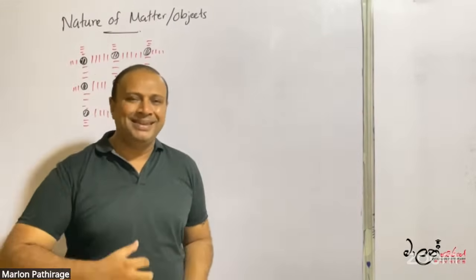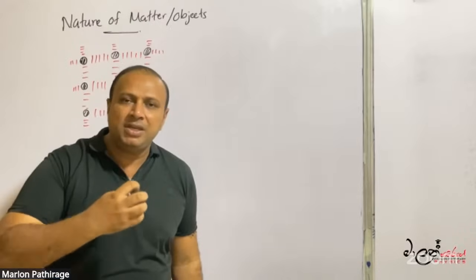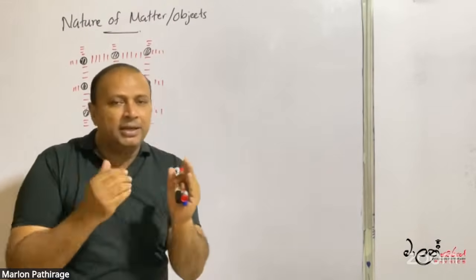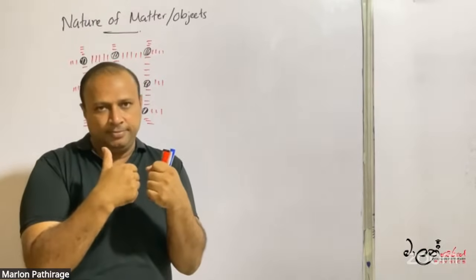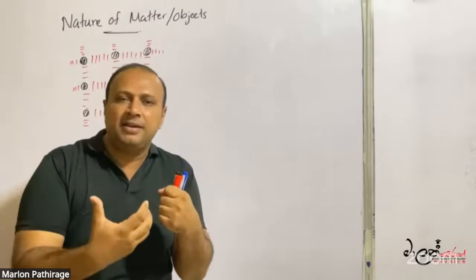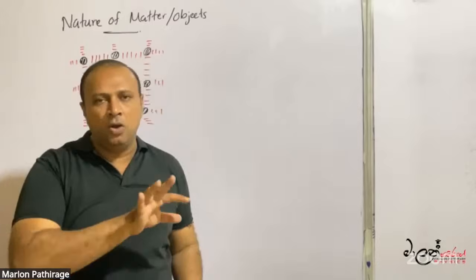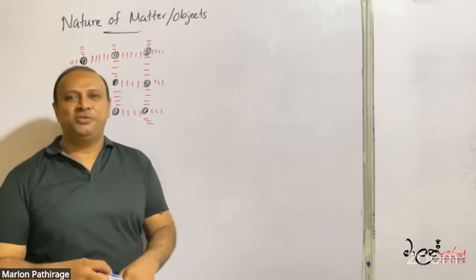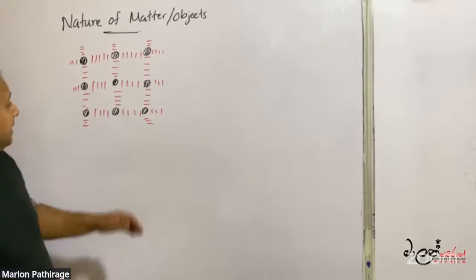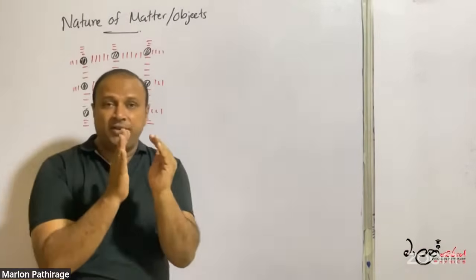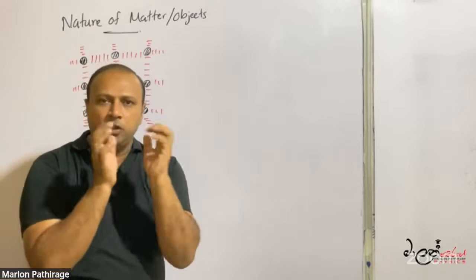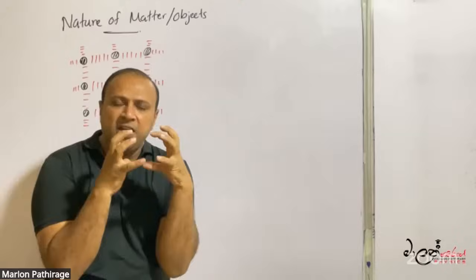So, according to the strength of that intermolecular attraction, we can categorize material into three categories. Some intermolecular attractions are very strong. Therefore, those particles are bonded together very strongly.